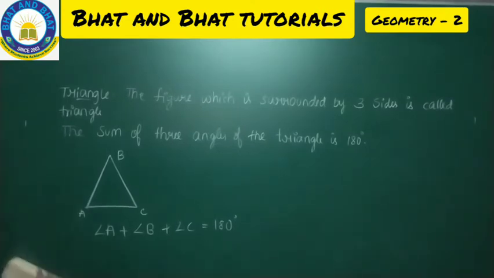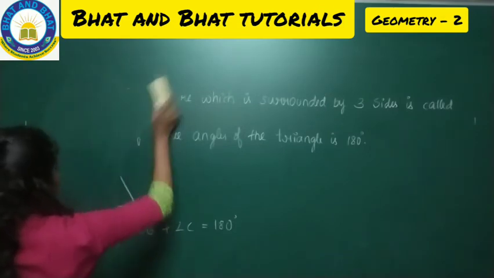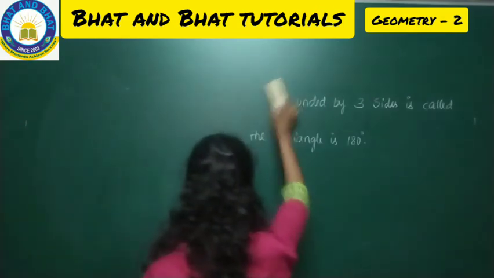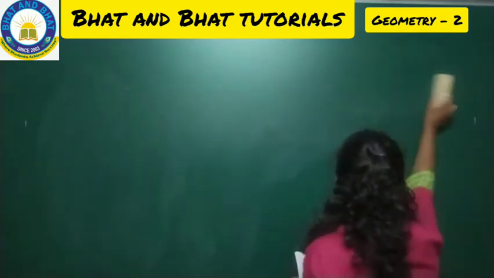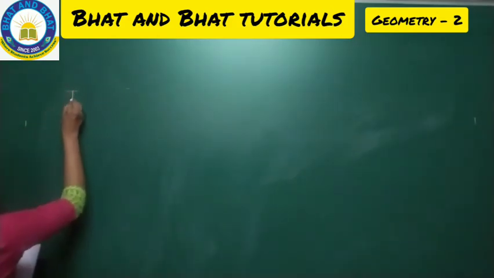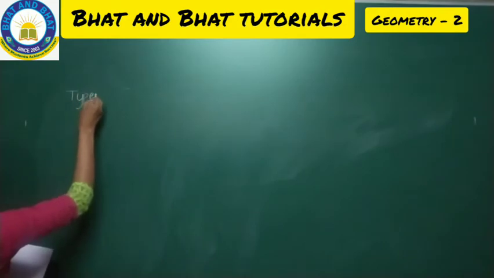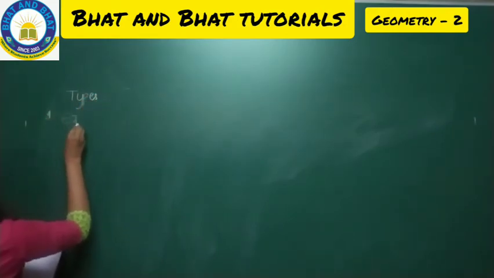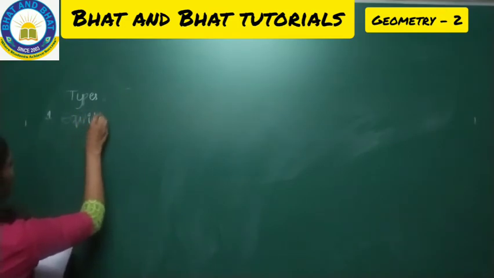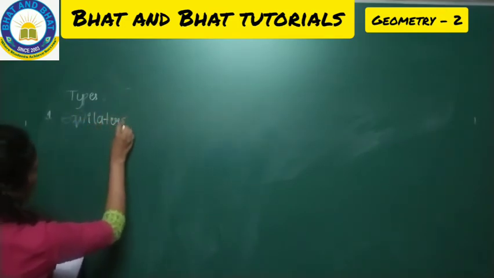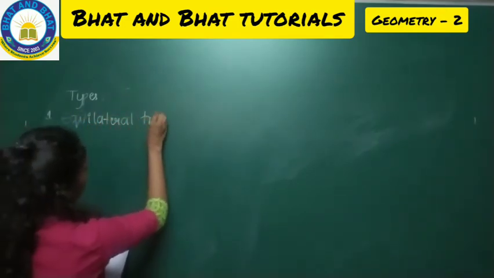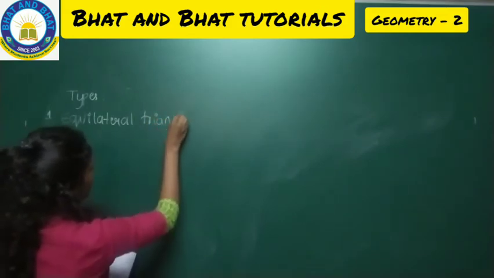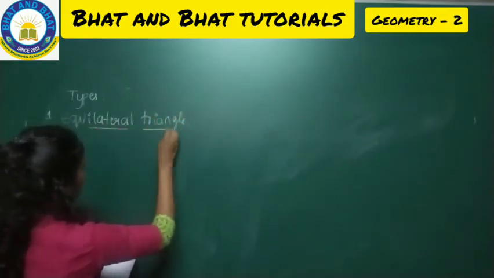That is, on the basis of sides, we have some types. Let us see that one by one. So the types, the first one, equilateral triangle. So what is an equilateral triangle then?